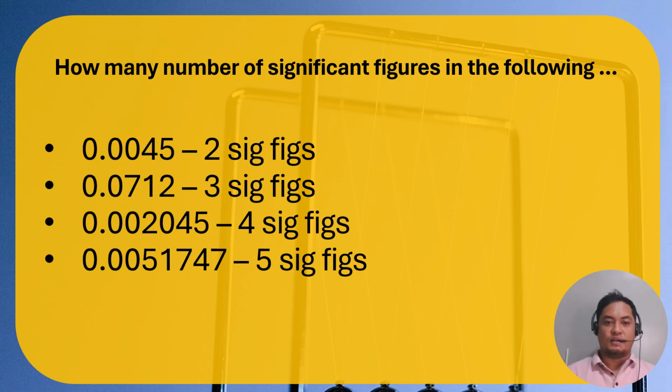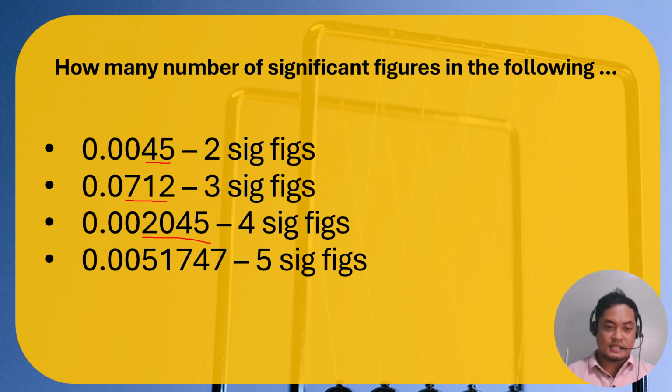The answers are as follows. In the first bullet, it says two sig figs. So we have 4 and 5 as significant figures. Then we have 7, 1, and 2. In the case from 2 to 5, we go back to the previous statement that a zero sandwiched in between digits is significant. That's why it's four: 1, 2, 3, and 4.